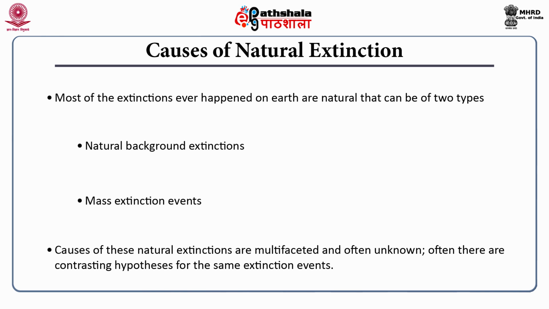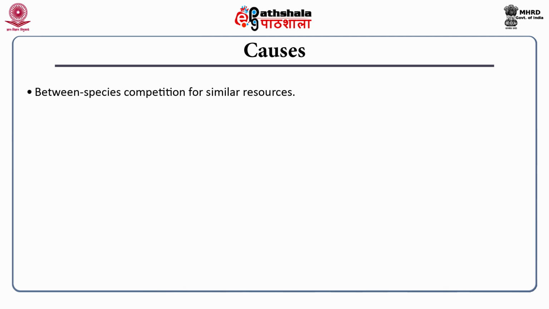So, you can never confirm what really caused a species to go extinct. It's like an individual dying or being murdered. So, often there are contrasting hypotheses for the same extinction events. Ecological, climatological or geological factors are the major causative factors for natural background extinction.